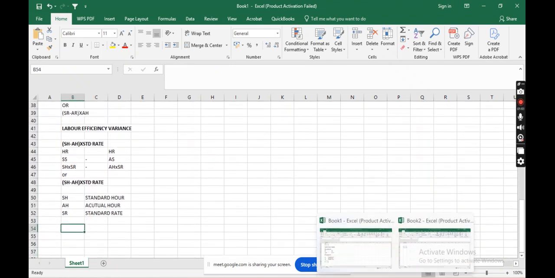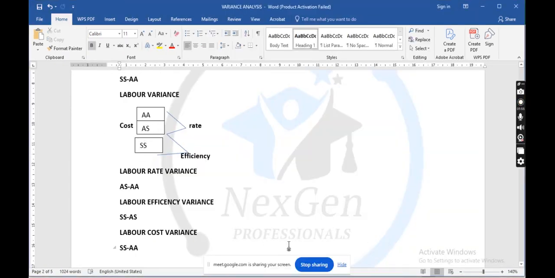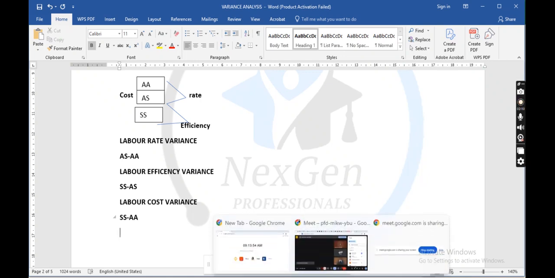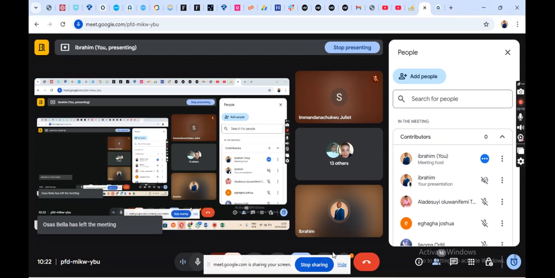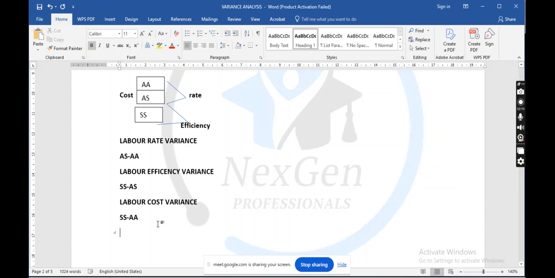The variable overhead variance, I usually call it labor variance. Class, listen, your variable overhead variance is similar to labor variance. They are the same thing, but the figures that you'll be given in the question will be different figures for the variable overhead.